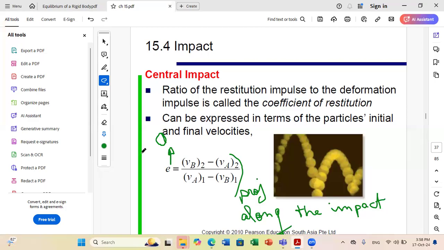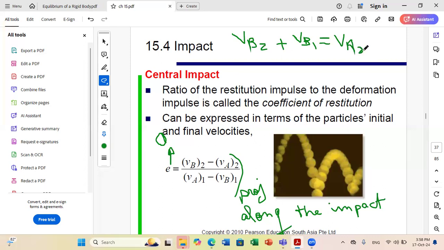Okay? Now, if we have elastic collision, do you remember last time when I derived with you the relation for elastic collision? We proved together that for a central impact, for elastic collision, VB2 minus VA2 plus VB1 is equal to VA2 plus VA1, if you remember.